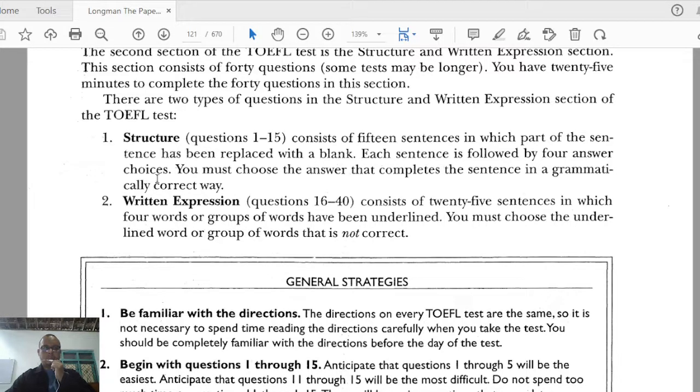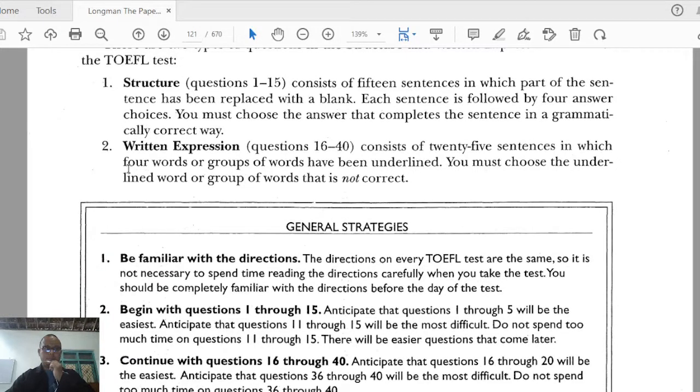You must choose the answer that completes the sentence in a grammatically correct way. And then number 2, written expression. Questions 16 to 40 consist of 25 sentences in which 4 words or groups of words have been underlined. You must choose the underlined word or group of words that is not correct.